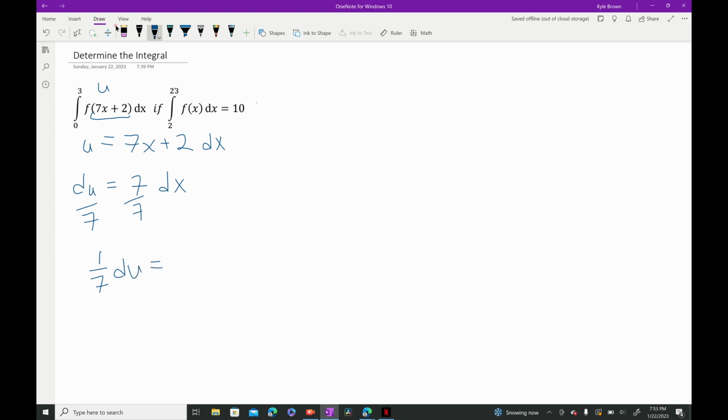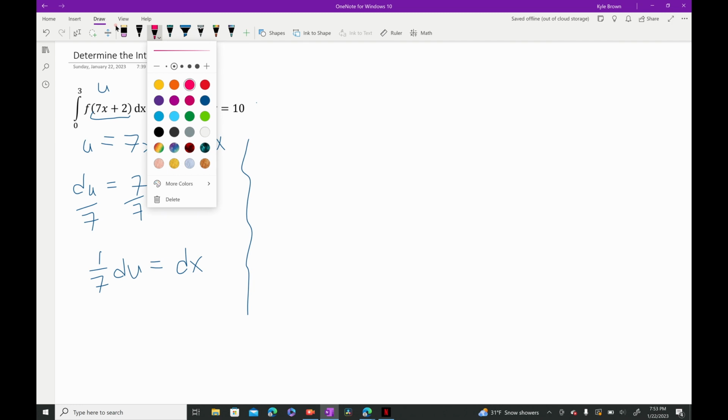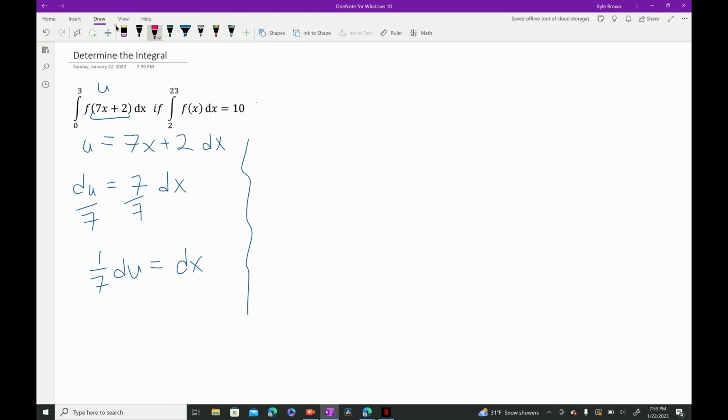equals dx. So here's the part that gets interesting. We need to figure out what happens when we input these values, 3 and 0, into our u-sub.